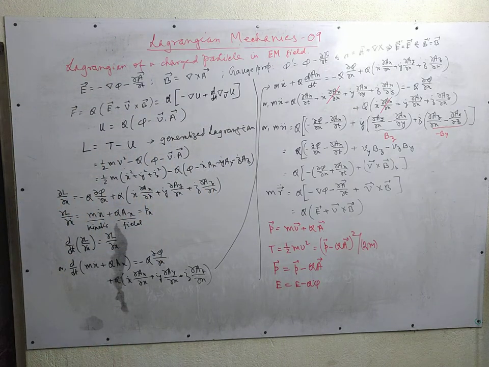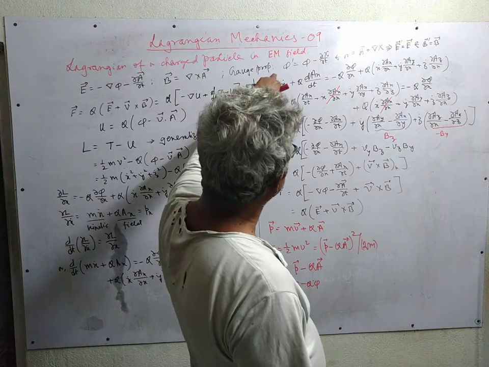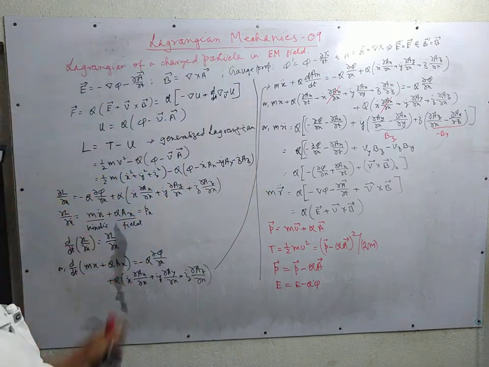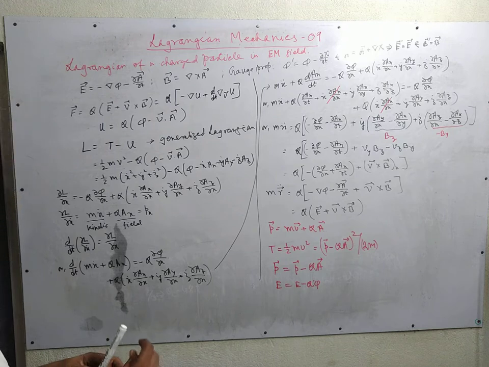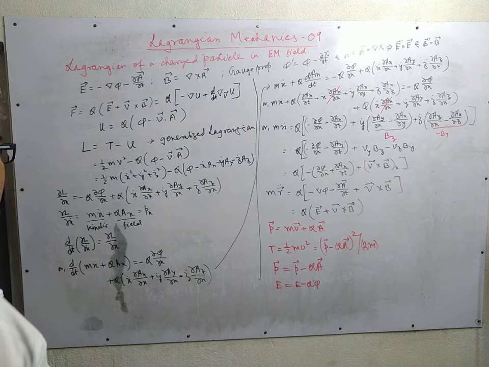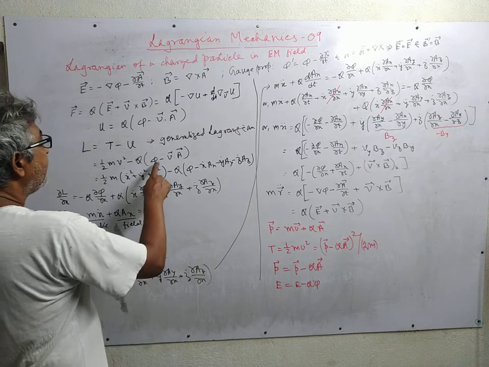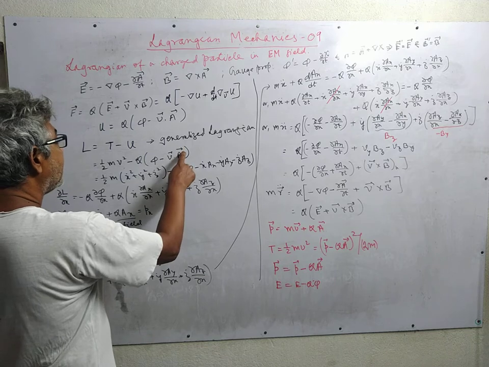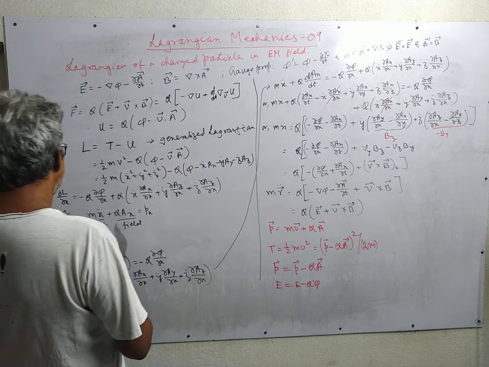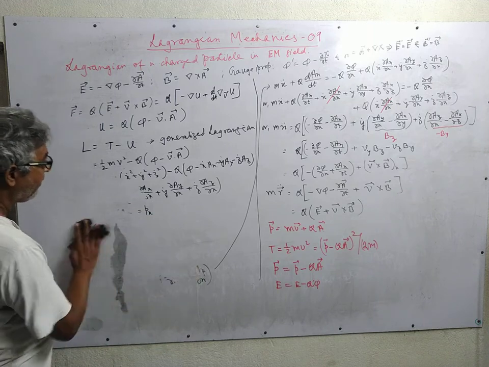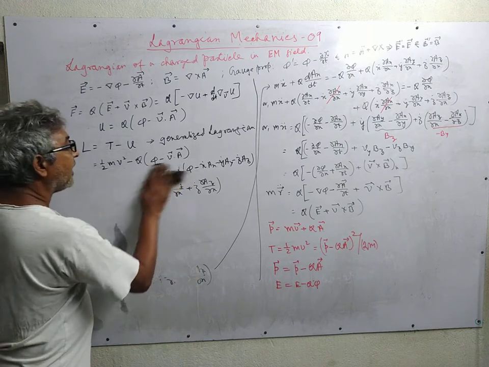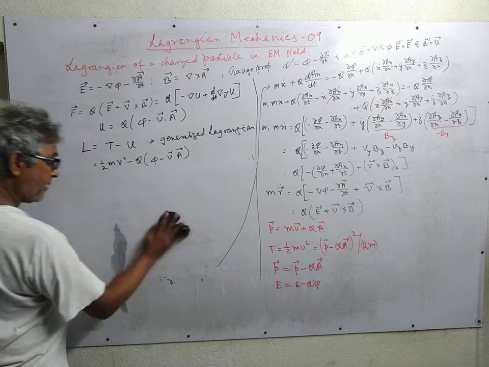Another thing is what will be the effect of gauge transformation on the Lagrangian. So this is another point of interest that should be addressed. We define the Lagrangian in terms of potentials phi and A in this form, and we modify the Lagrangian using the gauge property, and we redefine the Lagrangian as L prime.